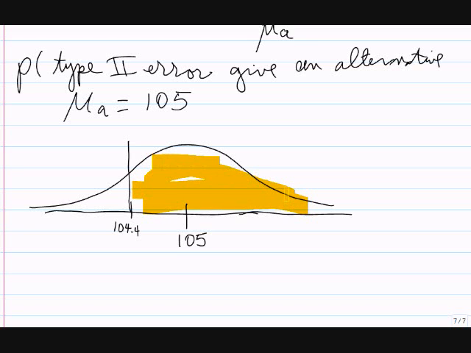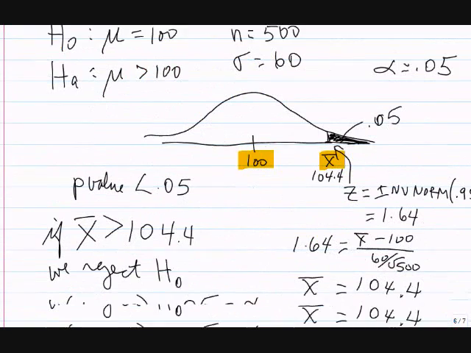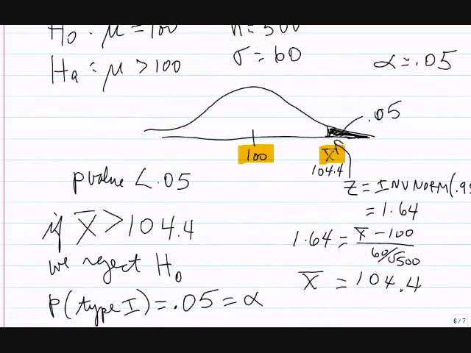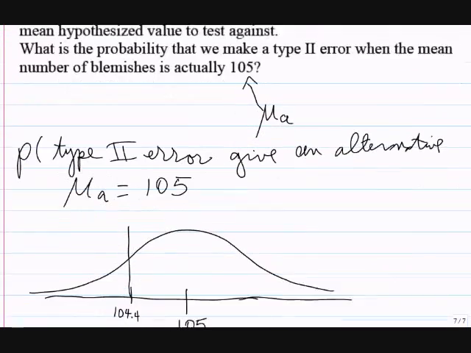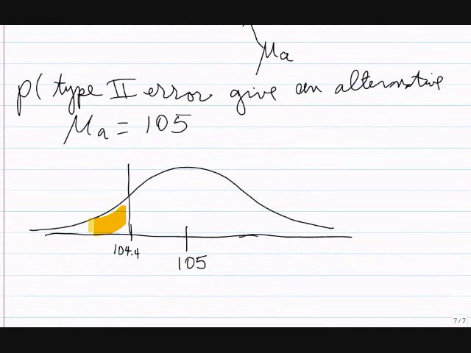Don't shade, because type 2 errors are about failing to reject the null hypothesis. So I'm not talking about a sample mean greater than 104.4. I fail to reject when I have means less than 104.4. I don't reject my null hypothesis. So here is my fail to reject region way over here.